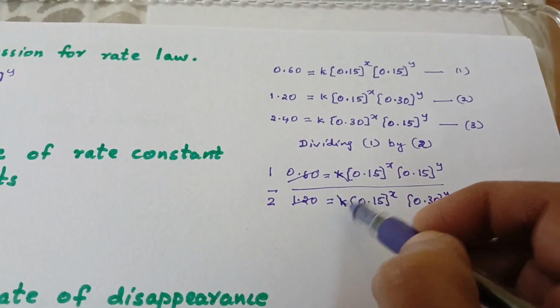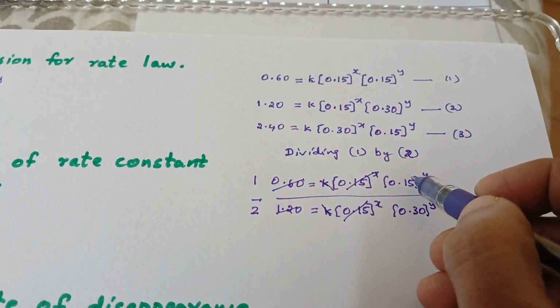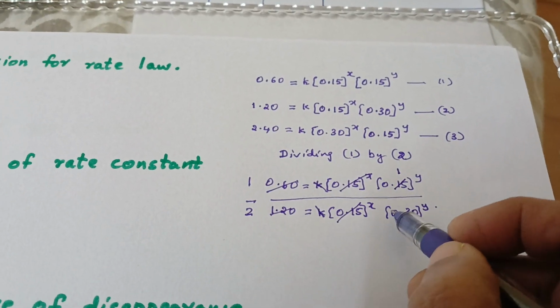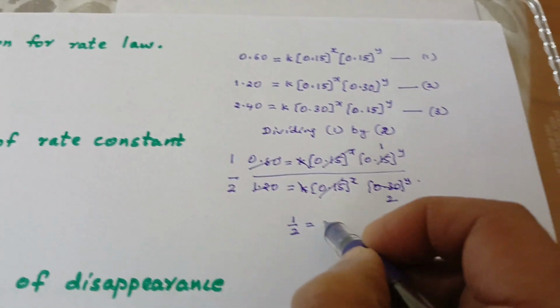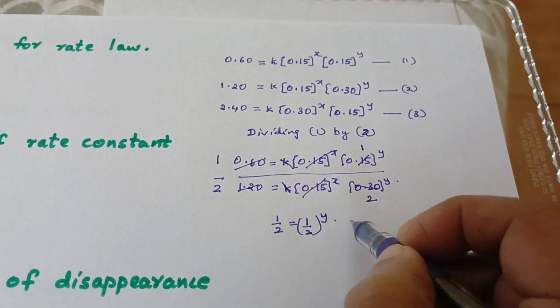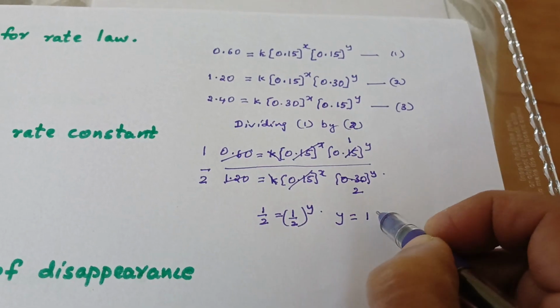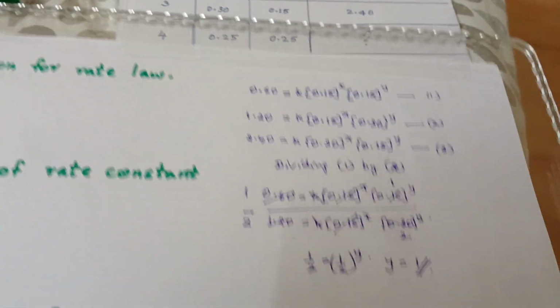K and K will get cancelled. These terms will get cancelled. So 1 by 2 equals 1 by 2 the whole raised to Y. So Y is equal to 1. So we have found the value of Y.